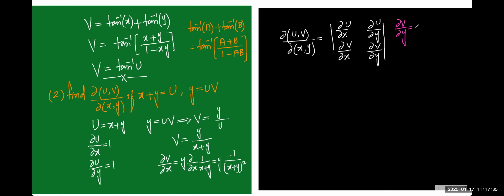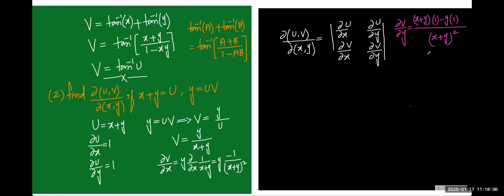So by the u by v formula, the denominator is x plus y whole square. Differentiation of numerator y with respect to y becomes 1 only, minus y into the derivative of x plus y with respect to y. With respect to y, y is 1, again it is 1 only.